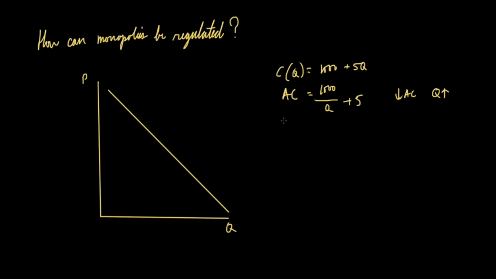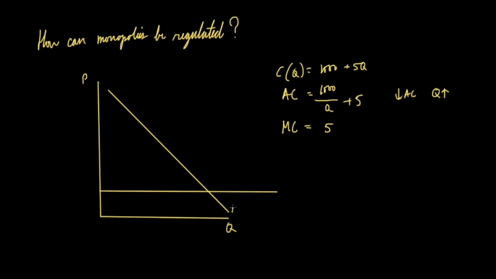On the other hand, we have our marginal cost, which is equal to the derivative of cost with respect to Q, which would be equal to 5. And so in our case, last time was a constant marginal cost and a diminishing average cost. So if we were to draw that on our graph, our marginal cost would look something like this.